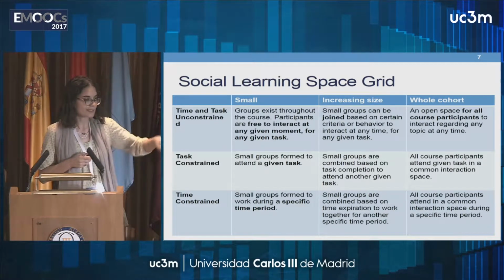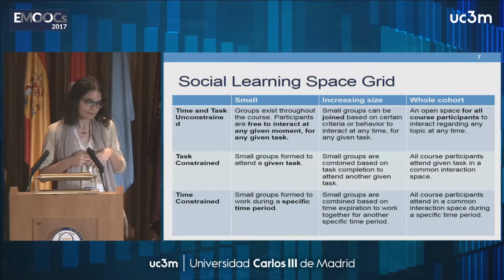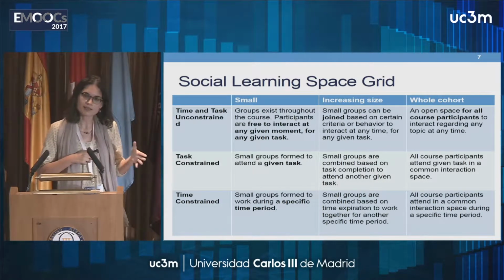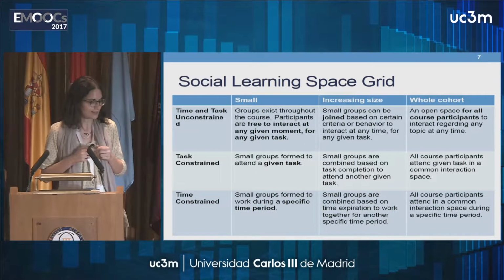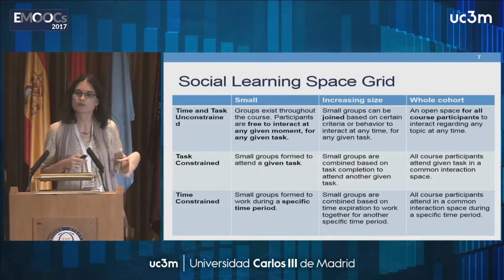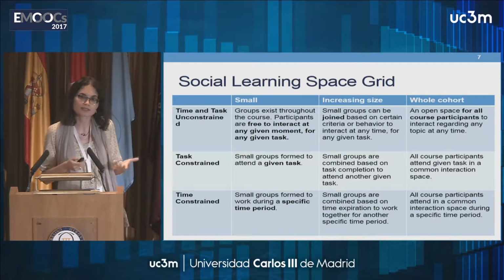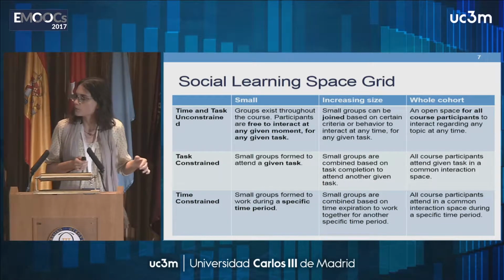And then the other dimension has to do with how groups are bound to time constraints, or time design aspects, or to task design aspects. The task constraint applies to groups formed just to solve a particular task, and the time constraint to groups formed for a specific duration along the MOOC.